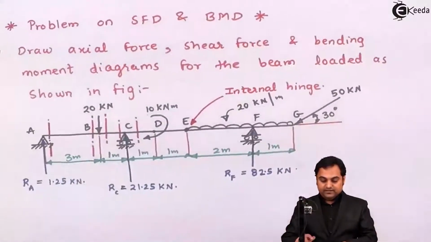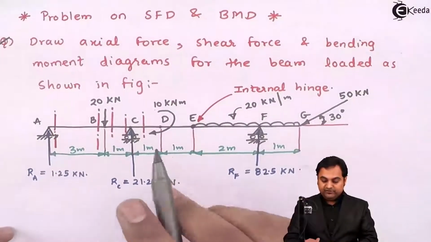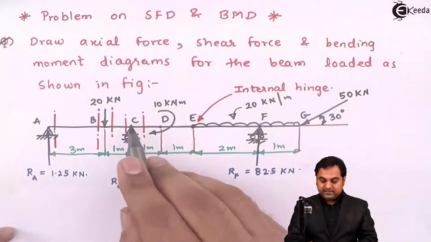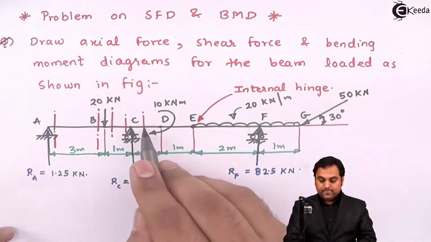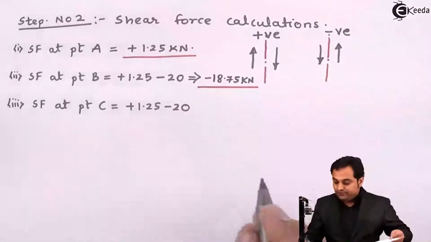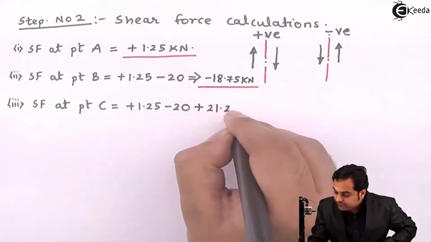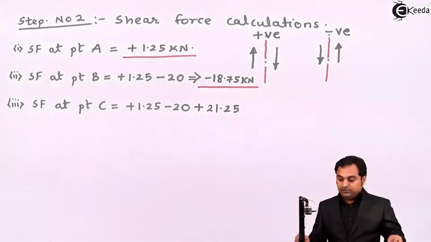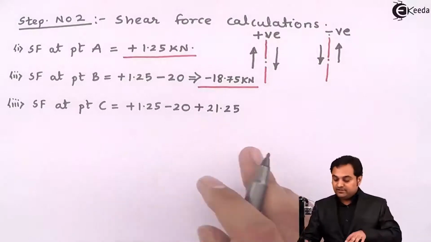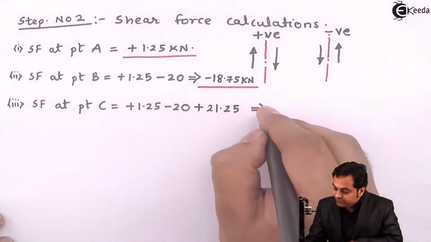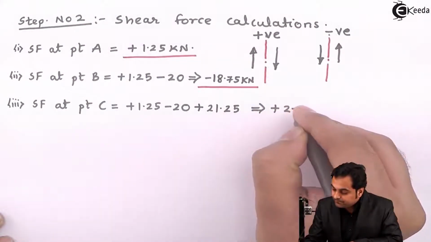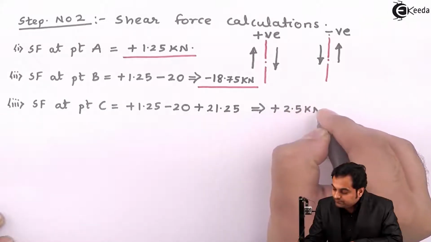That is, RA is upward, so plus 1.25 minus 20 and plus RC, because it is to the left of the section and upward, so positive, that is plus 21.25. On calculating this, I'll get the answer as plus 2.5 kilonewton.